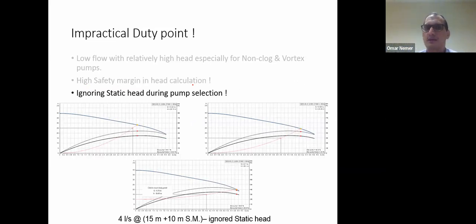Sometimes the problem comes from ignoring the static head. In submersible applications, for example, if your total head is 15 meters, mostly, if you make a breakdown, you will find the bigger part of this total head is actually static head.